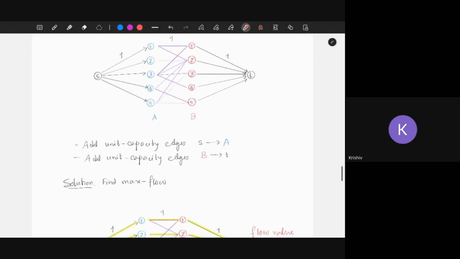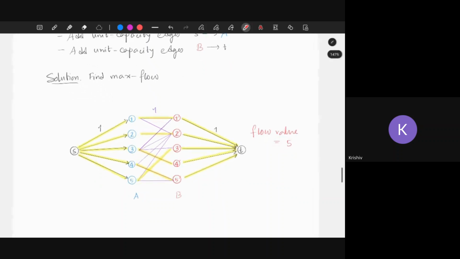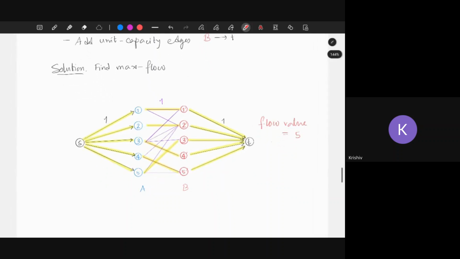So our goal just becomes finding the maximum flow, and you can try it out. The flow value would be 5 because whatever comes out in total is 5. This would be your flow, your paths of the flow.